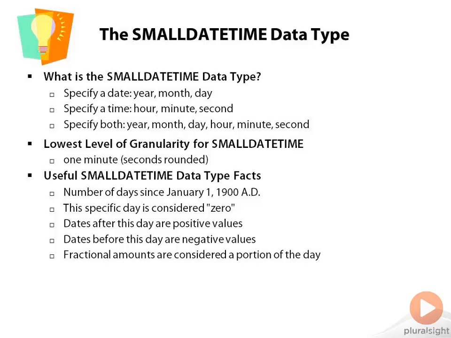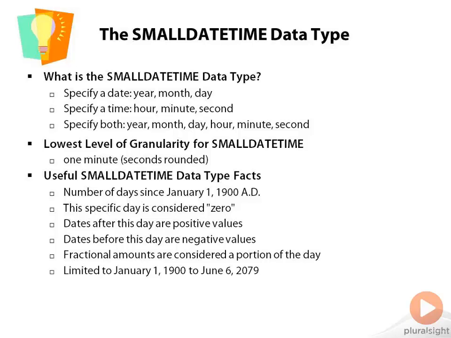For example, if the underlying value is 1.5, that indicates that 1 day and a half day has passed since January 1st, 1900. Well, 1 day after January 1st, 1900 is just January 2nd, 1900, of course. But what is the half day? Well, a half day is just 12 hours, and 12 hours after midnight is 12 noon. So 1.5 indicates January 2nd, 1900 at 12 noon.